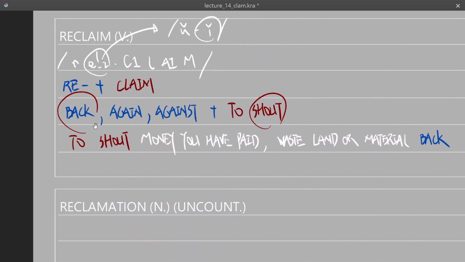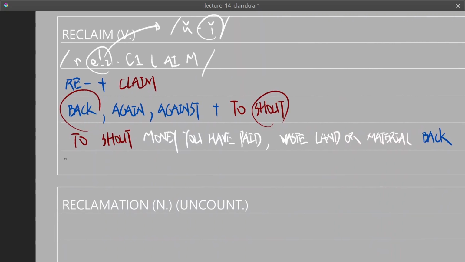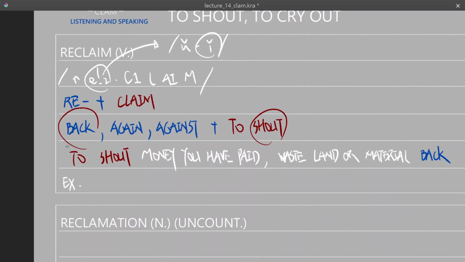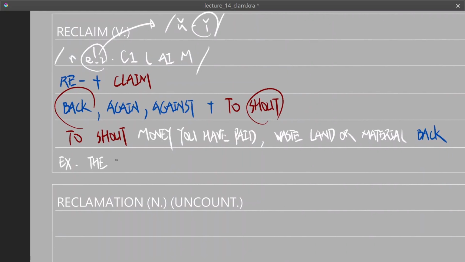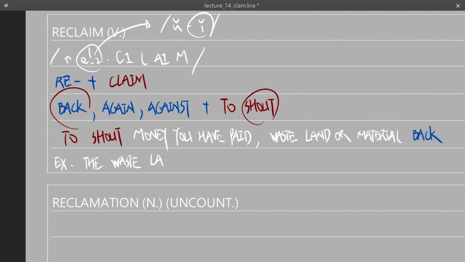All right, so for example, let's say the wasteland was reclaimed.